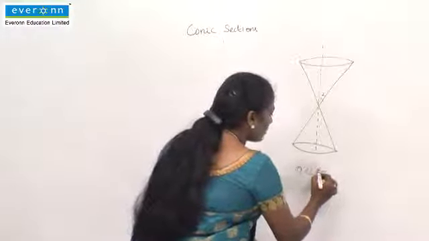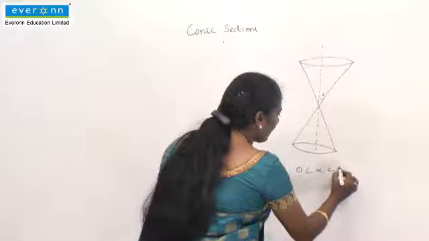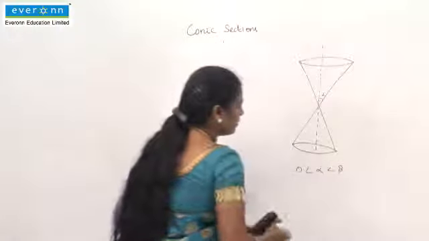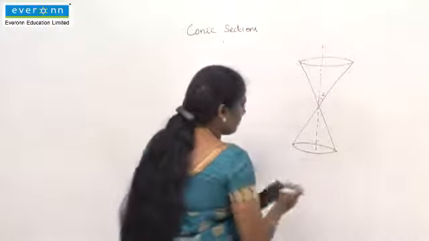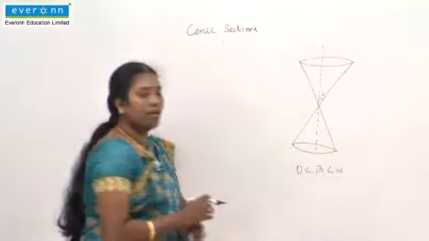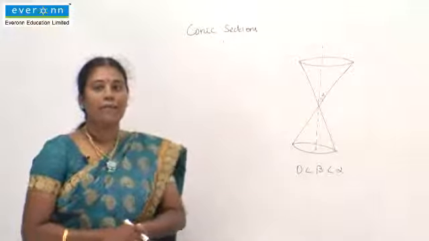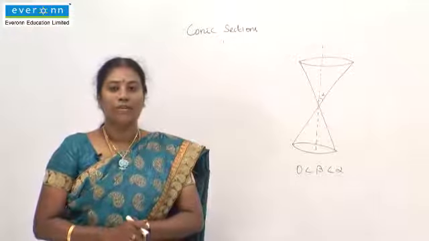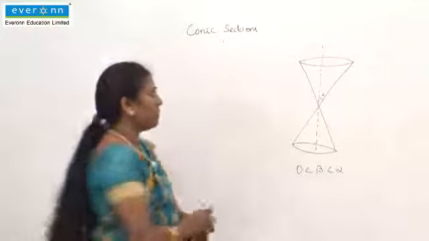Here we are going to consider beta which lies between 0 and alpha.